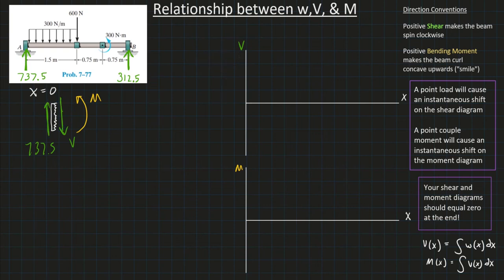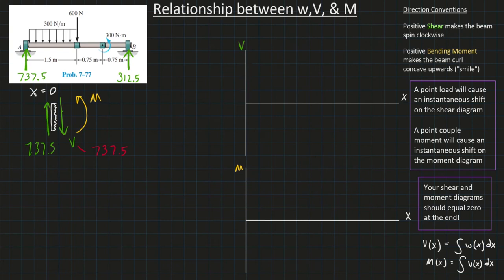So with that being said, this is my free-body diagram at this very initial cut. So, quick sum forces in the y tells us that this V has to be a 737.5 going downwards. And remember, this is our positive direction here. So this is going to be positive shear. So I'm going to treat each one of our units here as 250.